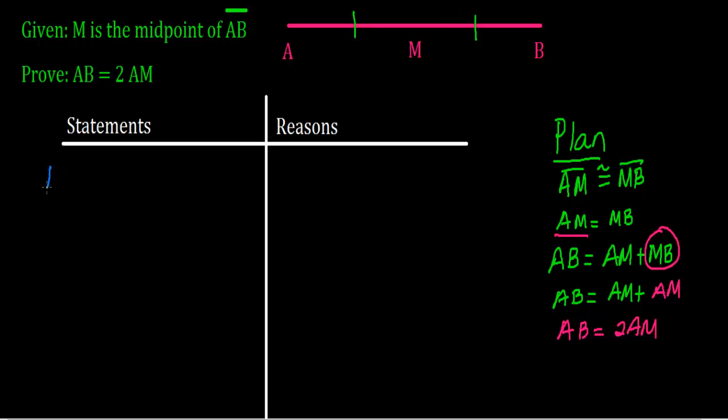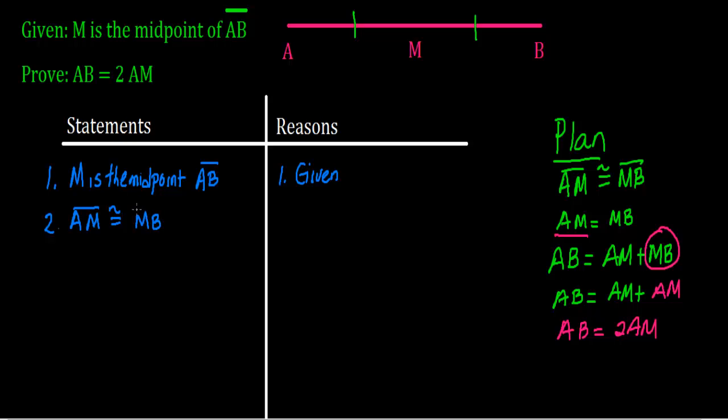As my first statement, I'm going to write my given: M is the midpoint of segment AB. There it is. And this is given. As my second statement, I can conclude that if M is the midpoint of segment AB, then segment AM is congruent to segment MB.